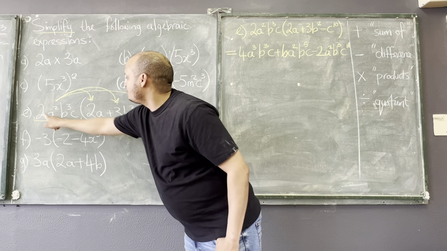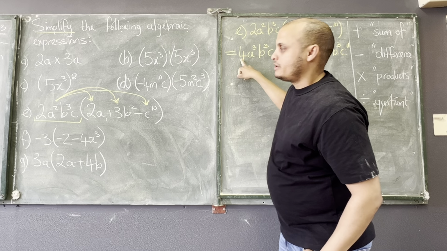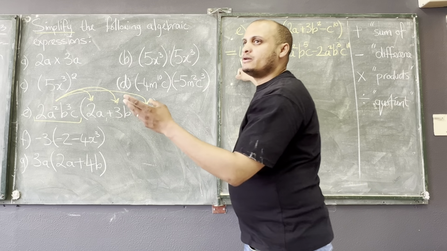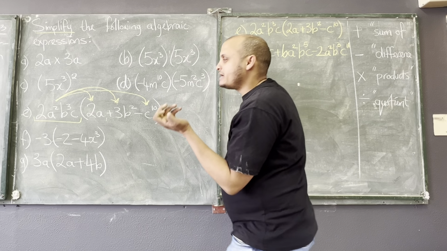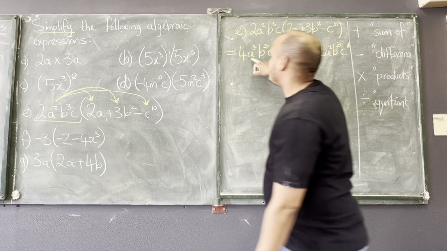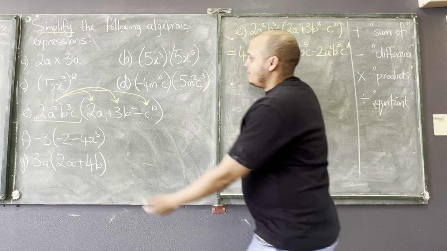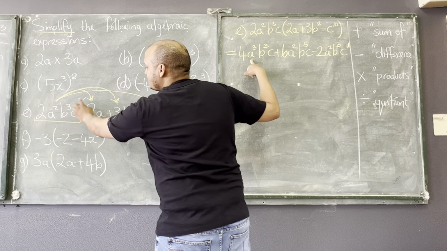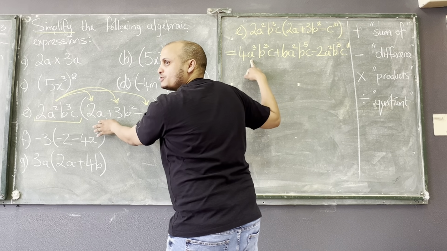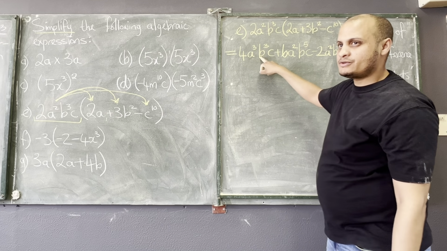It gives me 2 times 2, which is 4. Then I multiplied all the letters together, all the bases that are the same. a to the power 2 times a gives me a to the power 2 plus 1, which is a to the power 3. b to the power 3 cannot be multiplied with another b in this term because there are no b's in that term, so b to the power 3 remains b to the power 3.